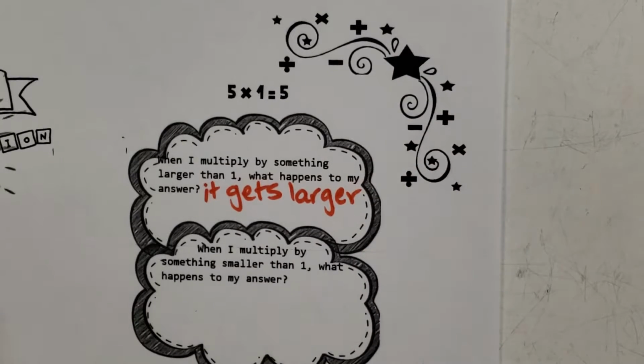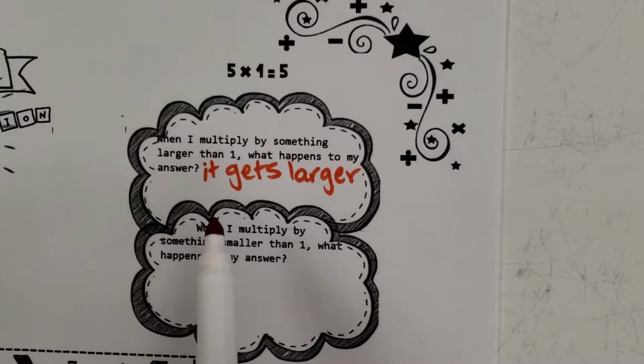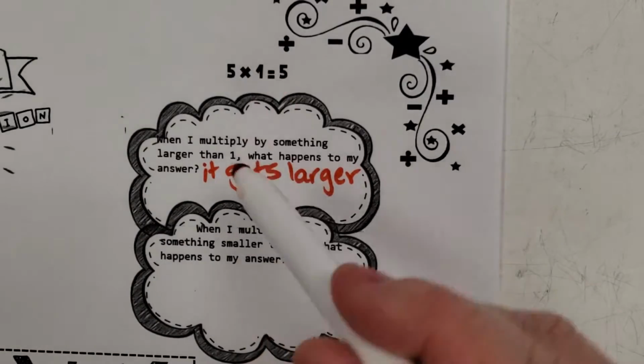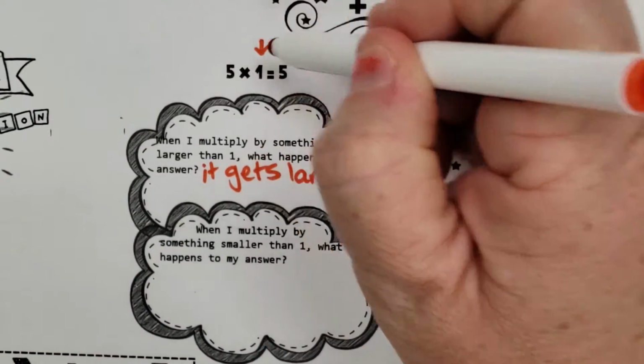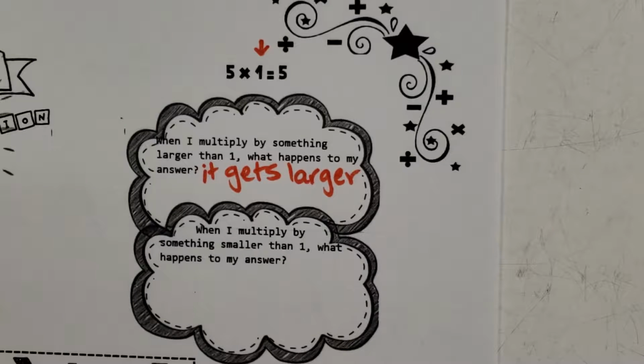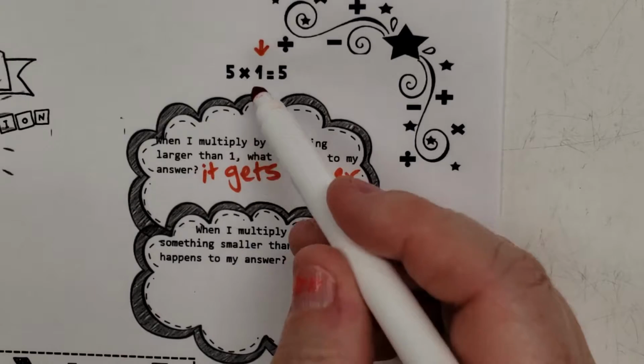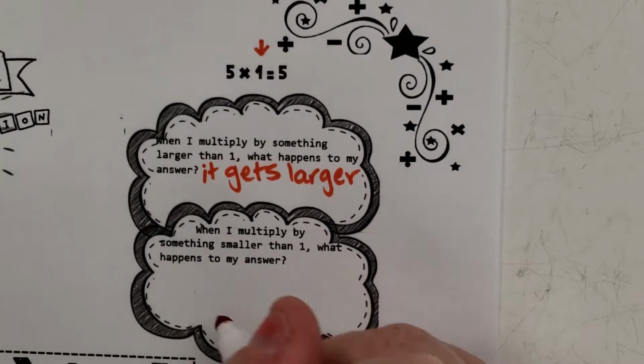Okay, if I multiply by something smaller than 1, so 5 times 1 is 5. So if this number is no longer a 1, it's anything less than 1. A 1/2, a 1/3, a 3/4, a 5/8, anything less than 1 whole, my answer gets smaller.